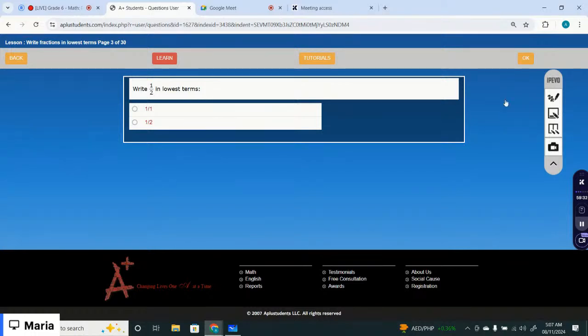The correct option is 1 over 2. You cannot divide them further, so that is 1 over 2.